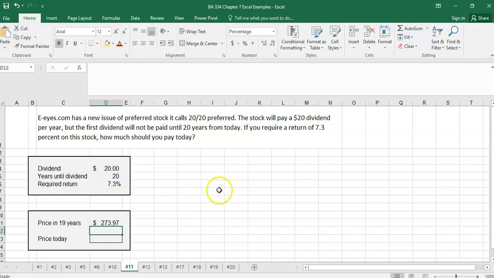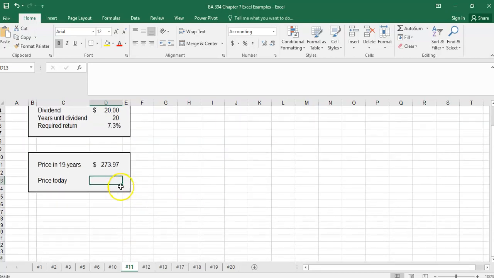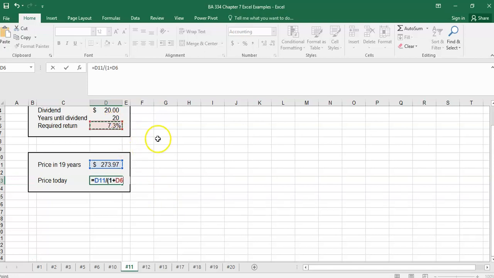The price today, we need to take it back, so the present value. So the price today is the present value of our price in 19 years, and then it's divided by 1 plus the required rate of return to the number of years, and it's the number of years minus 1.